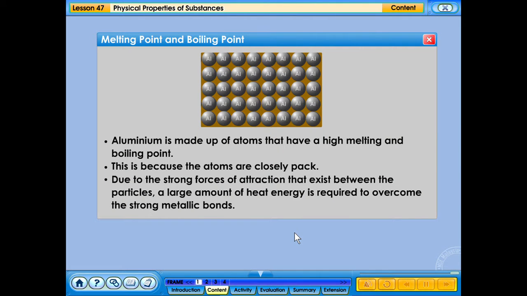Aluminum is made up of atoms that have a high melting and boiling point. This is because the atoms are closely packed. Due to the strong forces of attraction that exist between the particles, a large amount of heat energy is required to overcome the strong metallic bonds.